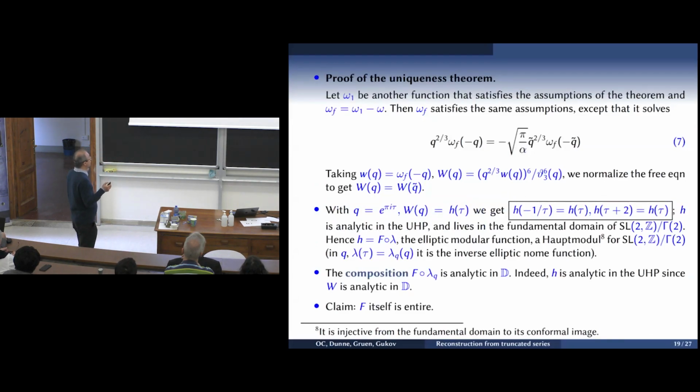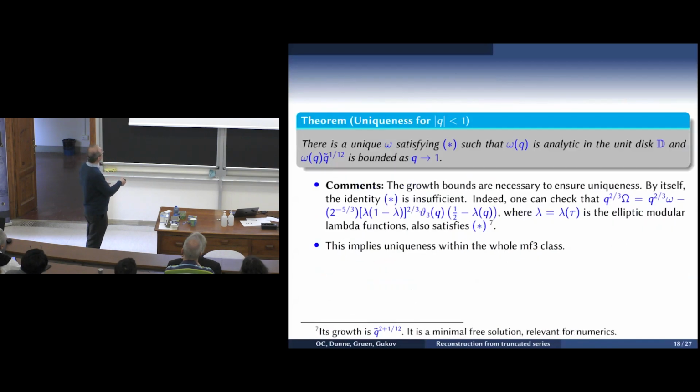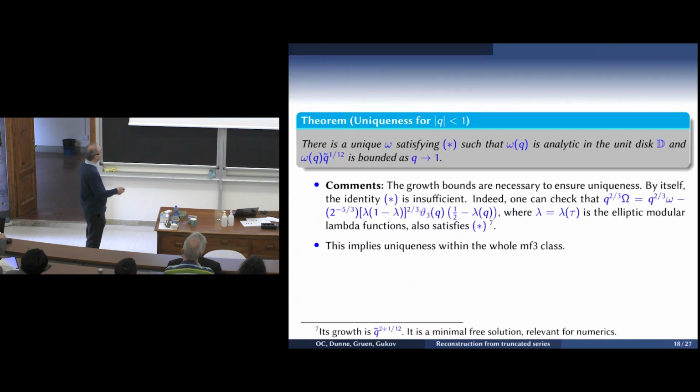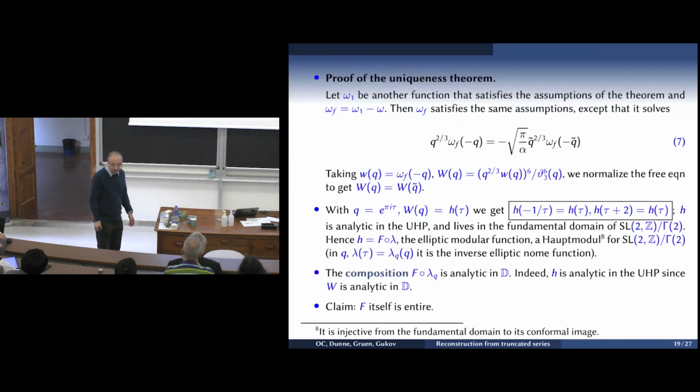Let me try to go somehow through the proof. How does it go? Well, we start normally by saying if I had two solutions of what? Of a non-homogeneous equation, then evidently the difference would be a solution of the homogeneous equation. So far, so good. So omega free would be the difference of these two solutions. Next step is also something that we always do in math.